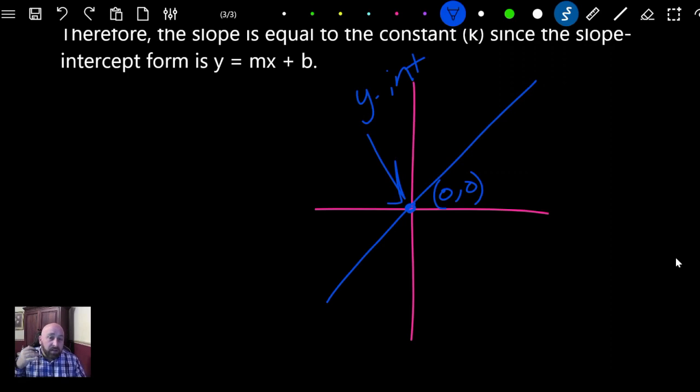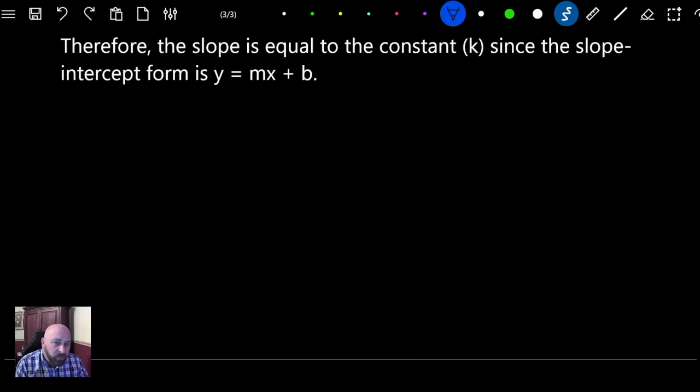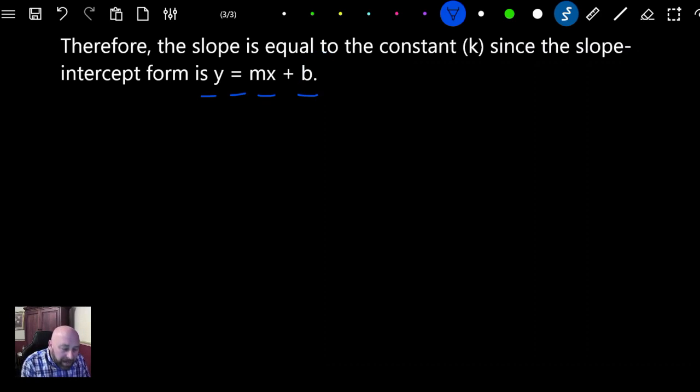So if you have it always passing through 0, then it will always cross the y line at 0. It has to. So in graphing, what is the y-intercept? The y-intercept, when we graph, remember, it's the b. So our y-intercept, our b, is always going to equal 0 in these problems.